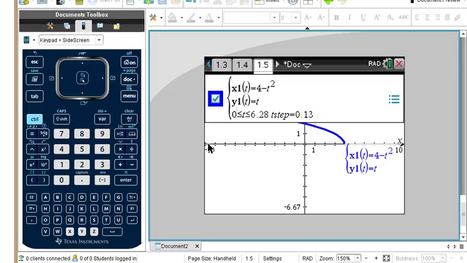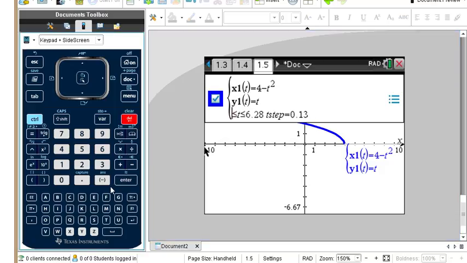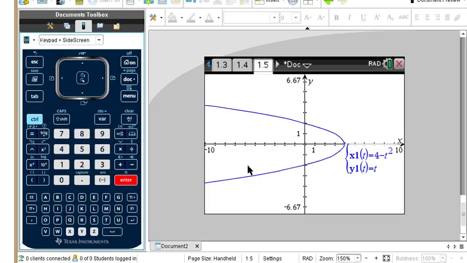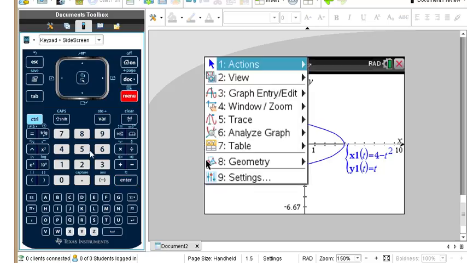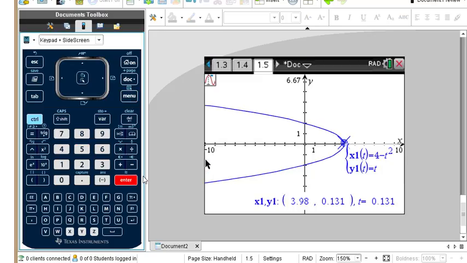In this case, I'm going to come to the left and put in, for symmetry's sake, negative 6.28, and we press enter. We see the lower half, and if we trace, menu trace, graph trace, if we go in the direction of increasing time, see time 0.3, 0.4, we're going this direction. And if we go down in time, we'll go this way, okay? So yes, the arrows are drawn in the correct direction.